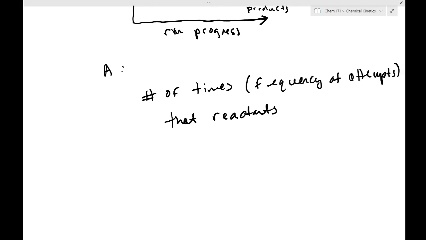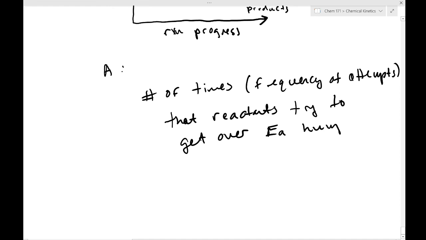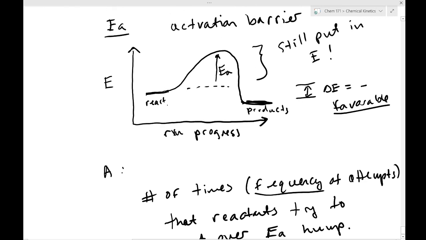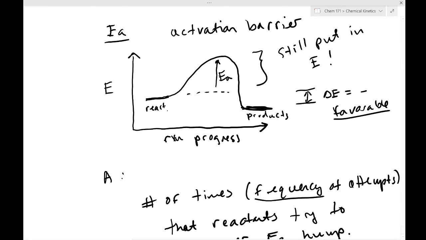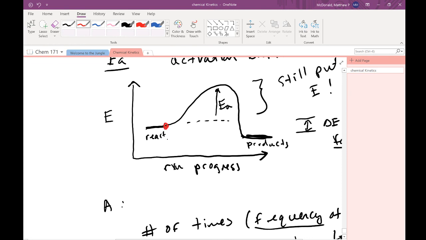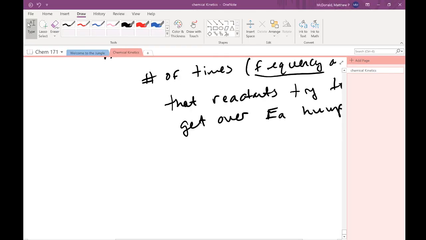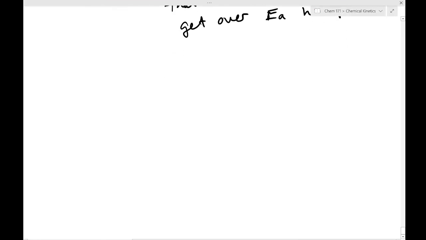So it's the number of times that the reactants try to get over Ea. Basically it's a frequency, so it's a number of times per second that the reactant is trying to go from this point up to here. So it's doing this thousands of times per second, and this is the frequency factor. Okay, so however many times it actually does that per second is the frequency factor. So that's A.